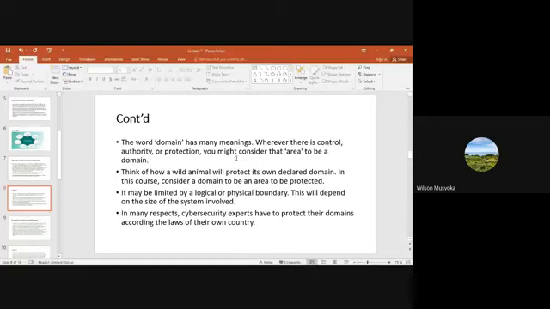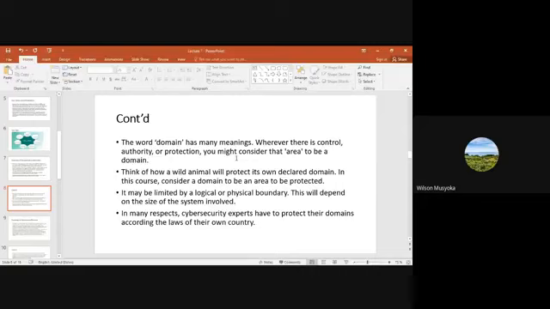Now, the way a wild animal would control its space, like this is my domain, or when you build your own home, you've bought your plot, umejenga nyumba yako, and then that becomes your domain because you are able to control what is happening there. You're able to protect that, or that space you have bought is protected by law. So it becomes your domain.